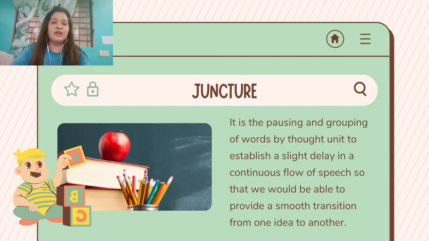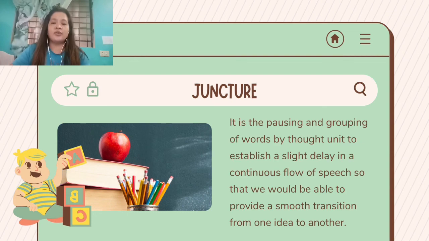juncture. In order to be fully comprehensible by the listeners, in speaking or reading, we use juncture. Juncture is the pausing and grouping of words by thought unit. It is used to establish a slight delay in a continuous flow of speech so that we would be able to provide a smooth transition from one idea to another.